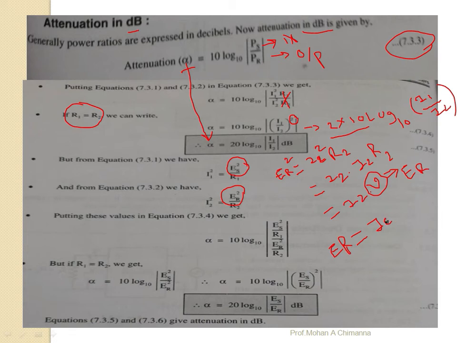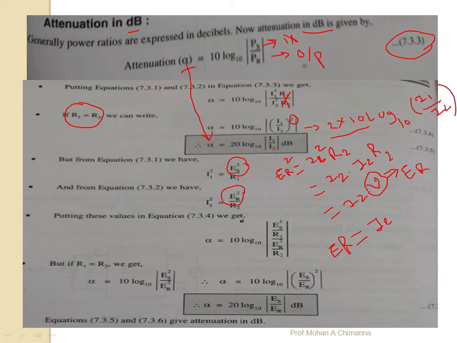In this way we represent these equations, ES square upon R1 and ER square upon R2. Then putting this value into 7.4, alpha is equal to 10 log of ES square upon R1 over ER square upon R2.